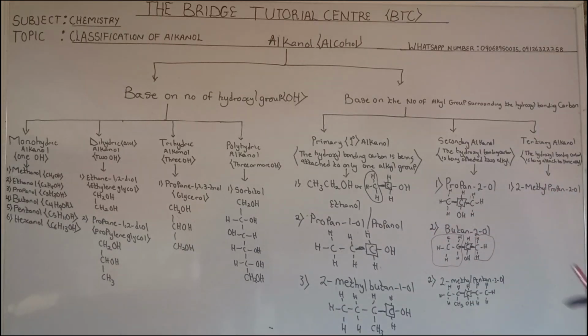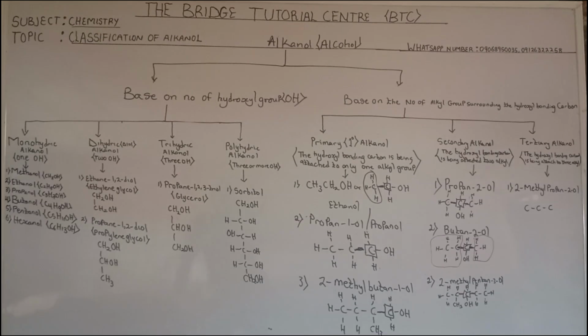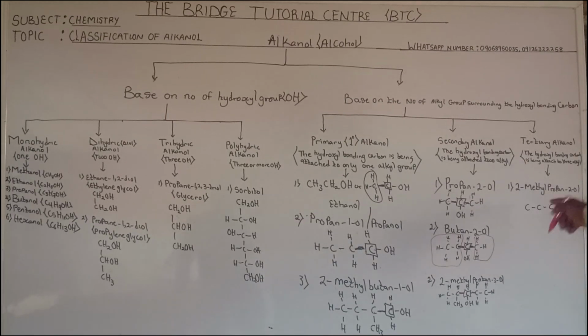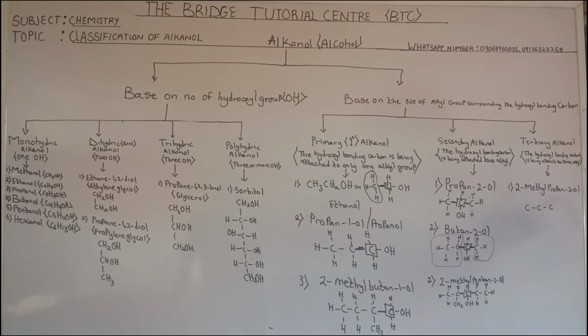We are going to have propan-2-ol: 1, 2, 3. So we have 2-ol, OH on carbon number 2. So let us put the OH on carbon number 2.